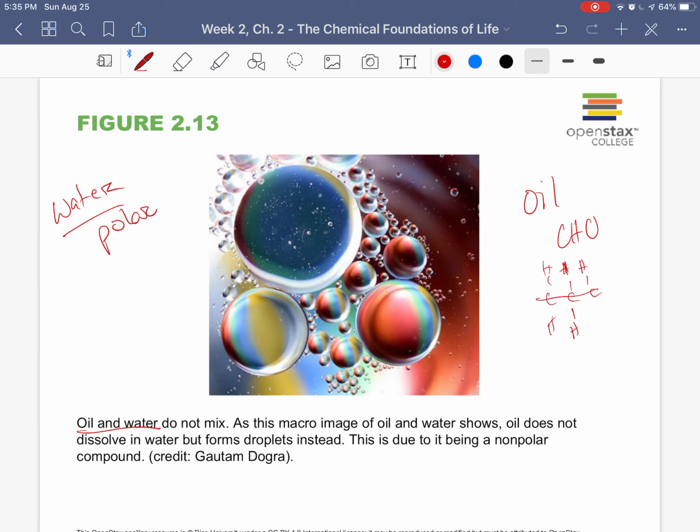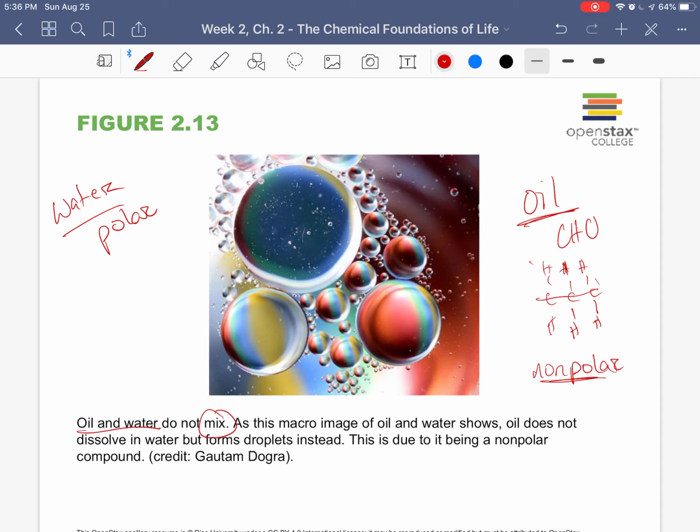So even though they are composed of different elements, they still have the hydrogen surrounding them all. And because it has that same charge all the way around it, it is nonpolar. So oil is nonpolar. Water is polar.